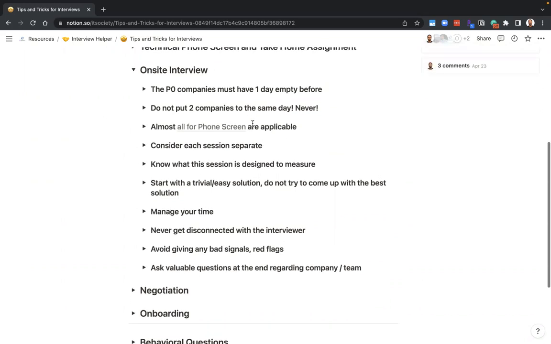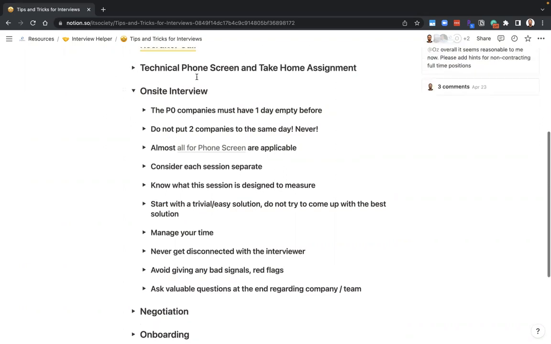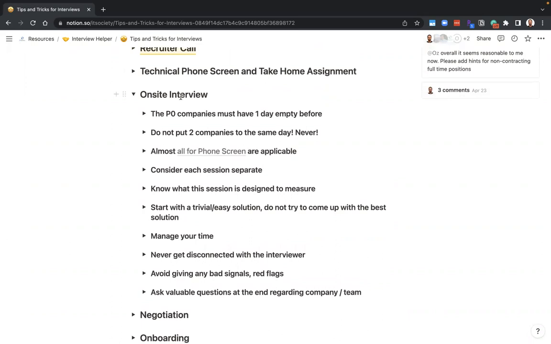So I tried to come up with a list of tips, important things about the on-site interview. First of all, what is an on-site interview? It is the real interview thing that we are talking about. When we say interview, we mostly mean the on-site interview.